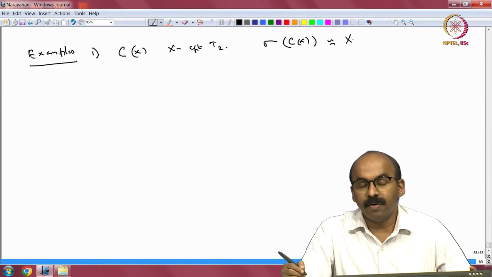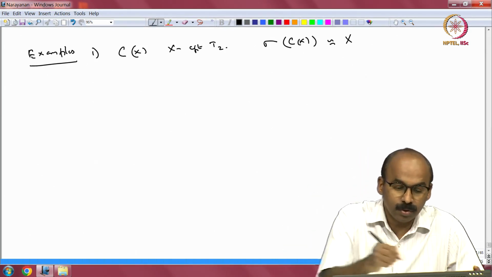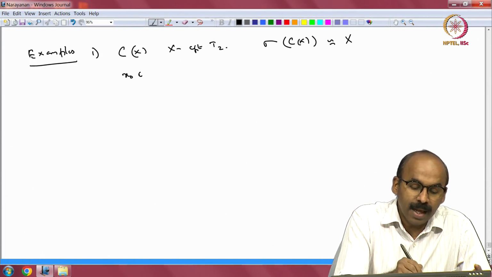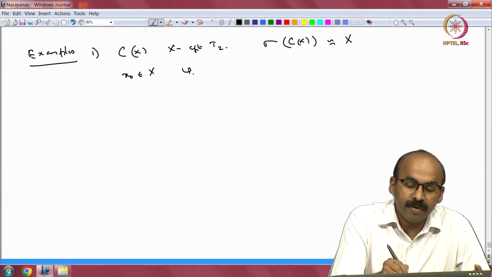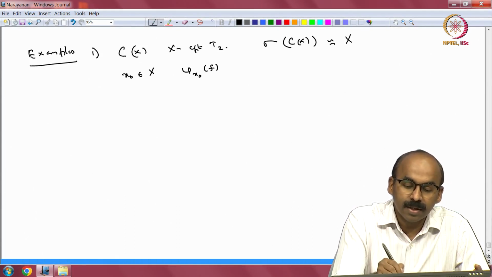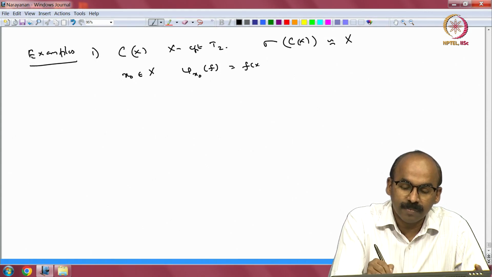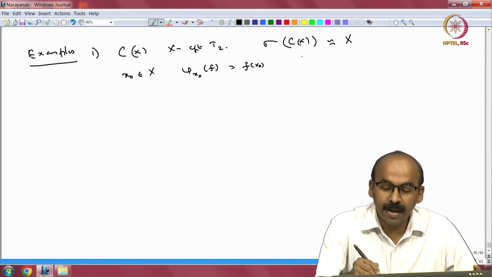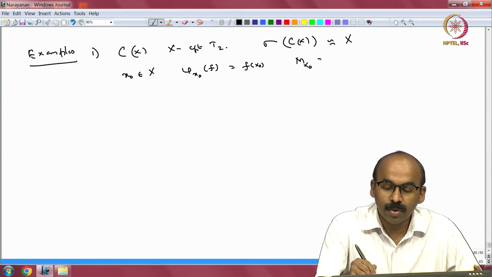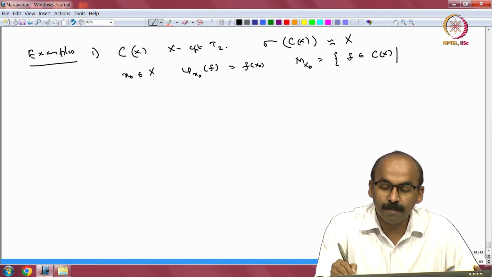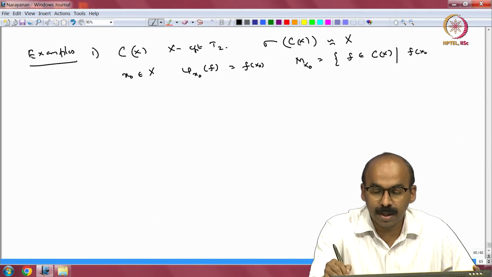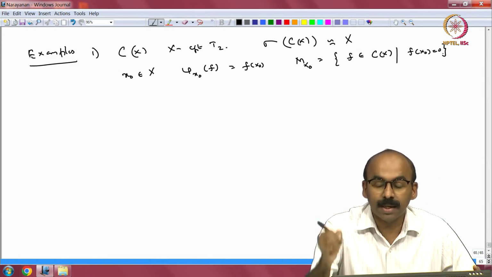How was it identified? I take any point. If x naught is in X, I have a multiplicative linear functional, phi x naught of f equal to f of x naught. The maximal ideal corresponding to x naught is all those functions in C of X vanishing at that particular point.